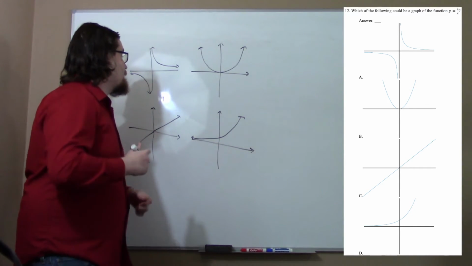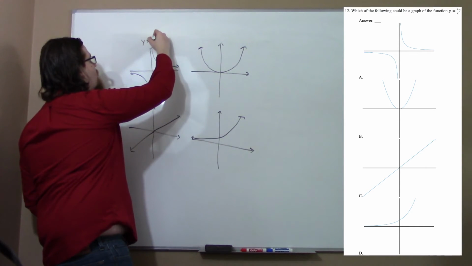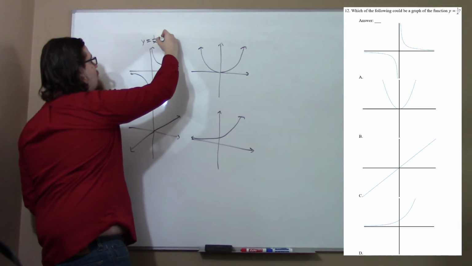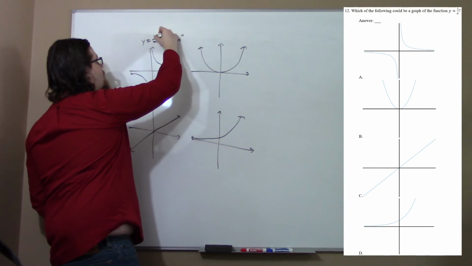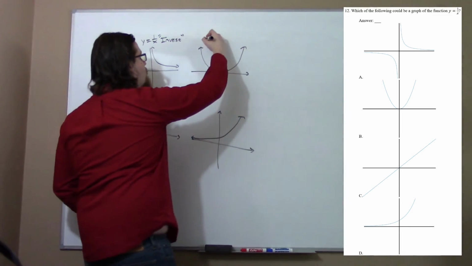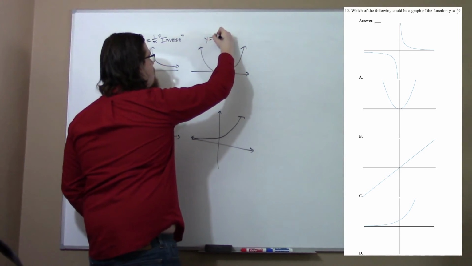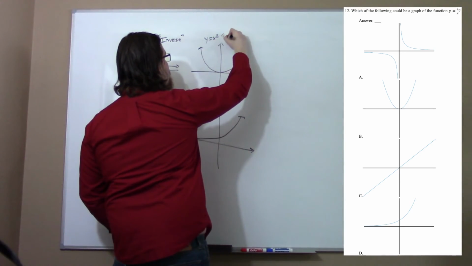The first equation here, the one we saw in this problem, y is equal to 1 over x. This is known as the inverse function. Next we have y is equal to x squared, and this is known as the quadratic function.